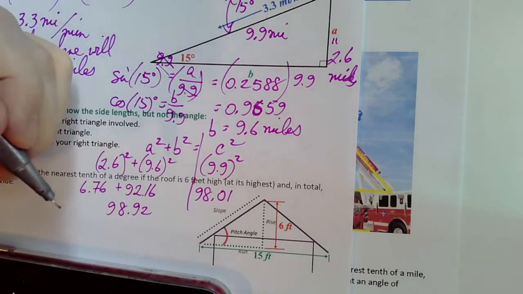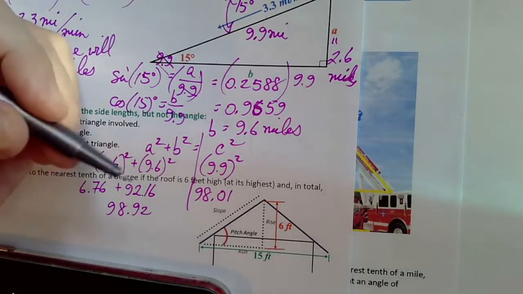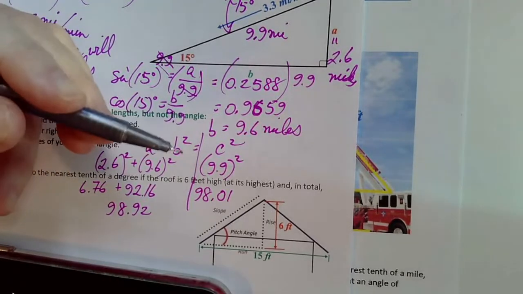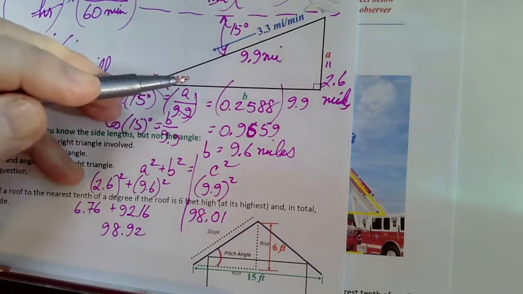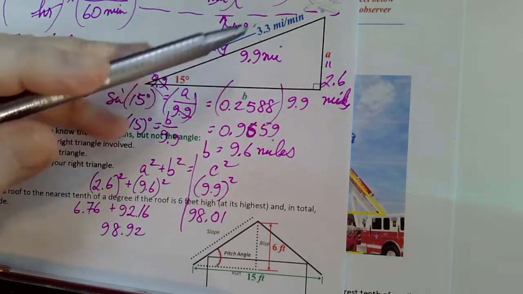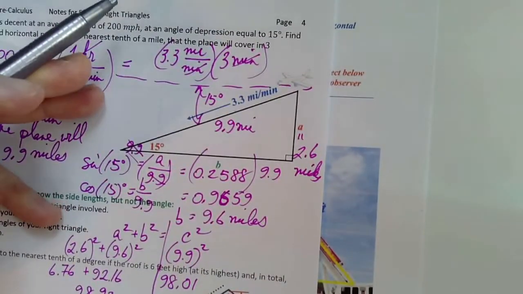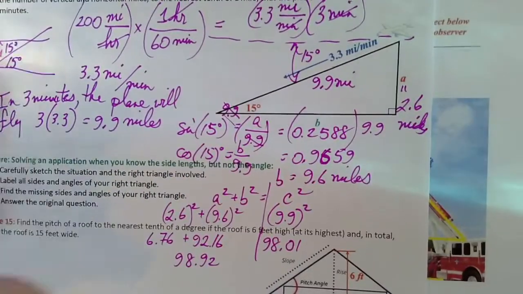In real world problems, it only makes sense to round a lot because the measurements are not that exact. 15 degrees is probably not an exact value. And 200 miles per hour is probably also not an exact value. Okay, great. This is fun.